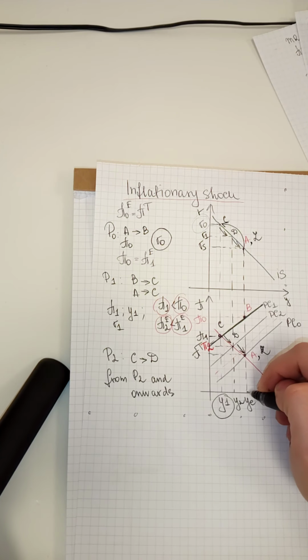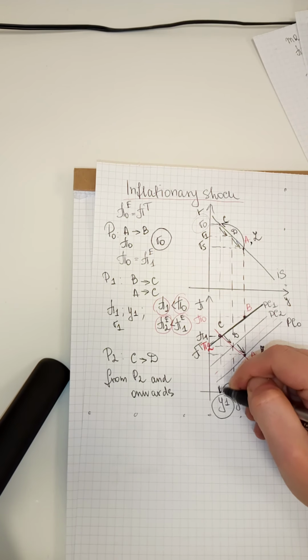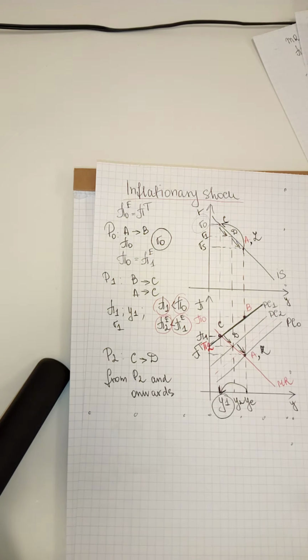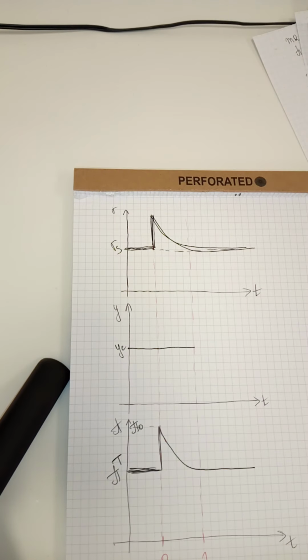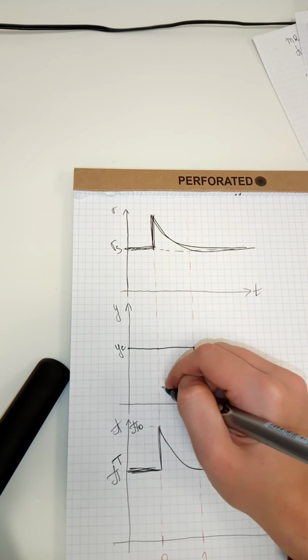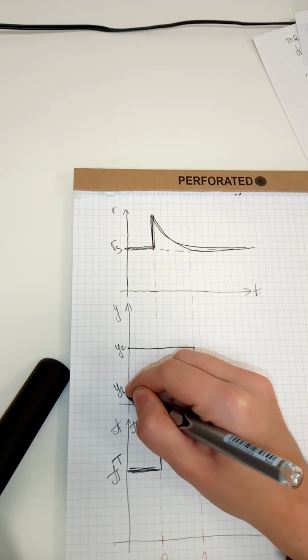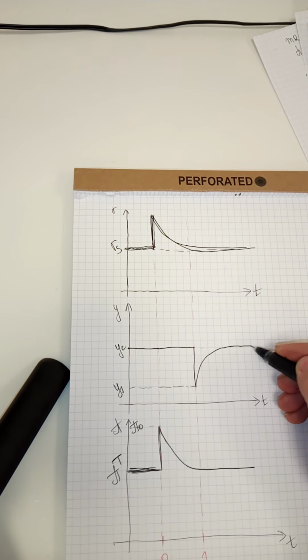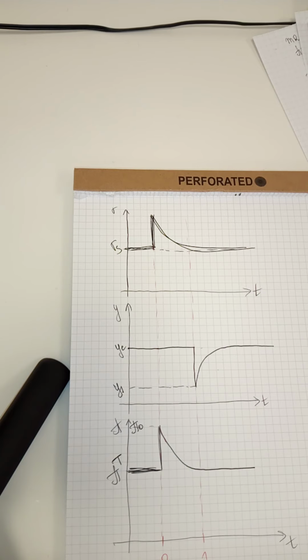We have a rapid and dramatic decrease in the value of output until Y1, and then it actually increased until it reached its original value.